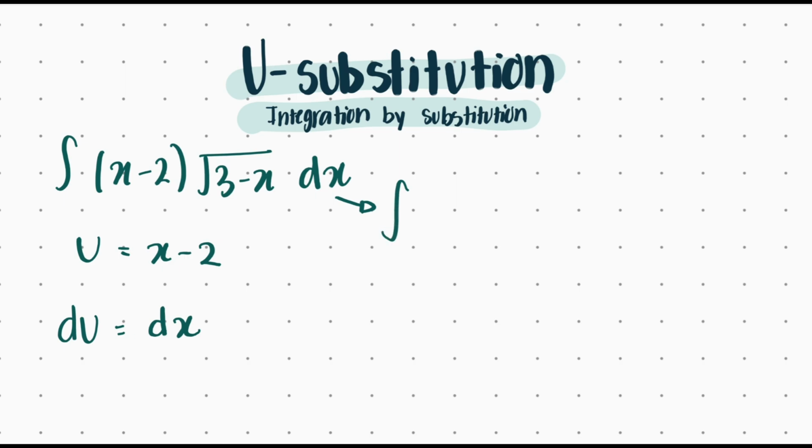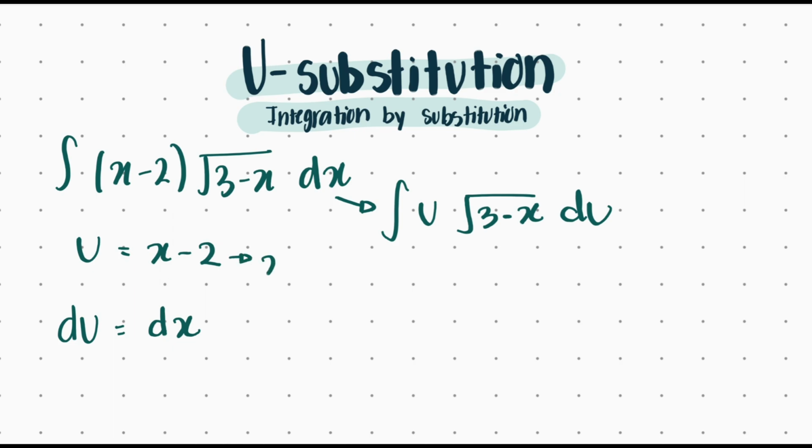We can say integration of u square root of 3 minus x du, because dx is simply du. But now we see we have an x here, right? So we have to convert this x in terms of something including u. And we can do that right here.